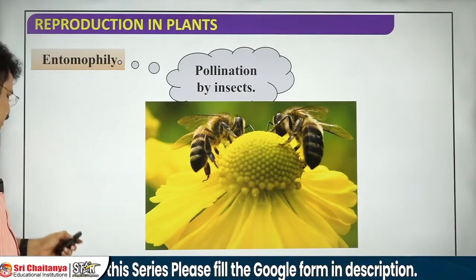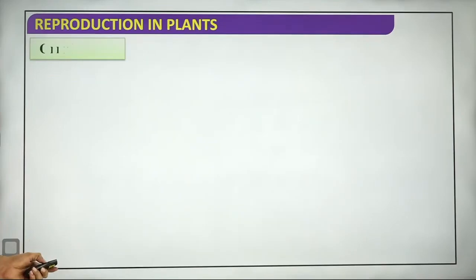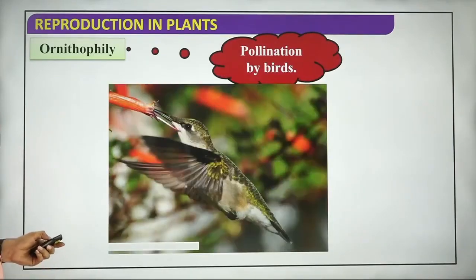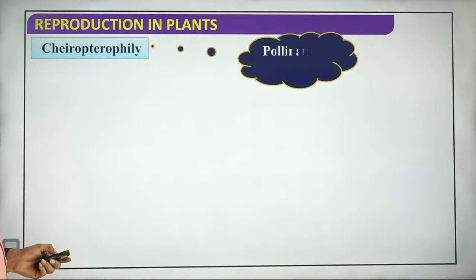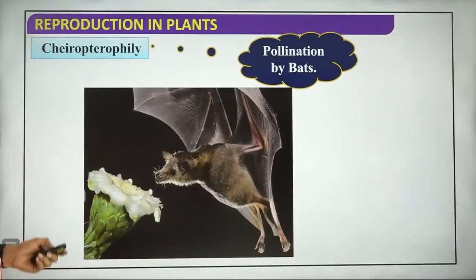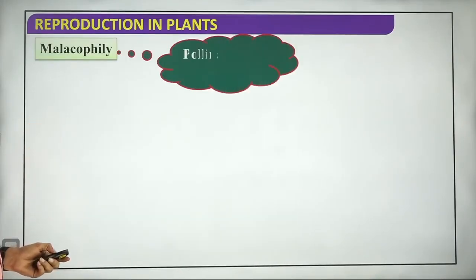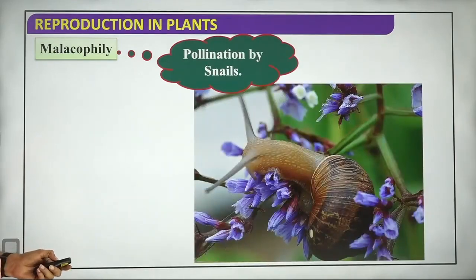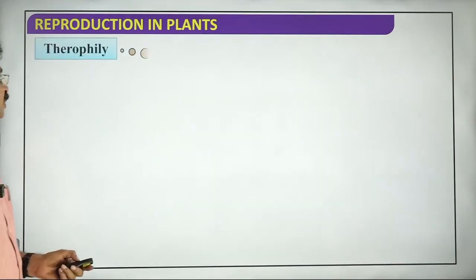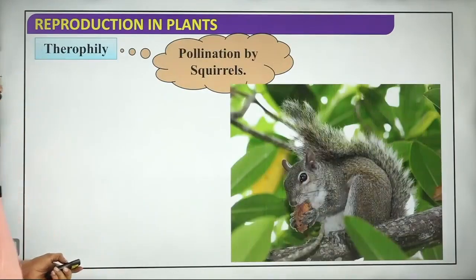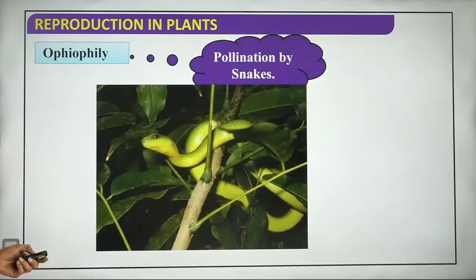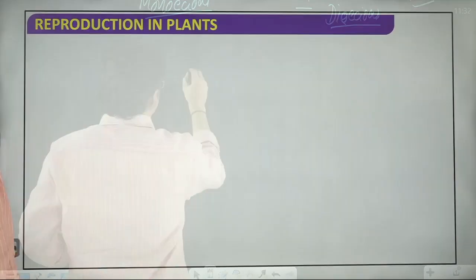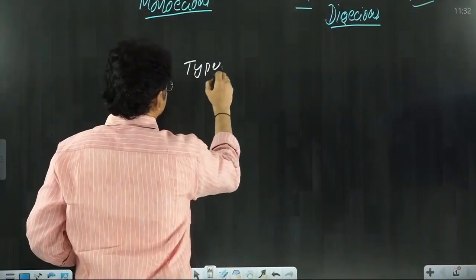Pollination by insects, entomophily. Pollination by birds, ornithophily. Pollination by bats, chiropterophily. Pollination by snails, malacophily. Pollination by squirrels, therophily. Pollination by snakes, ophiophily.